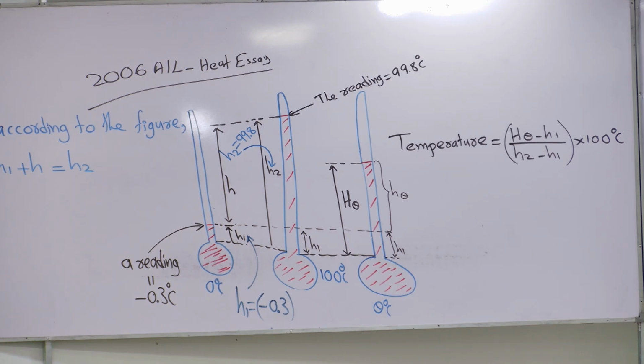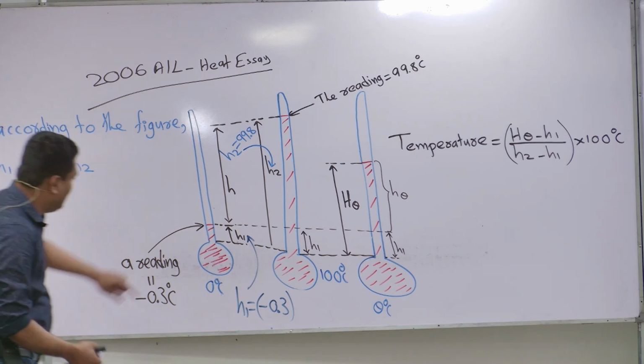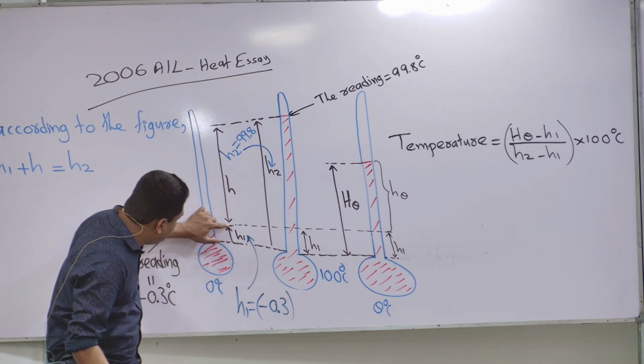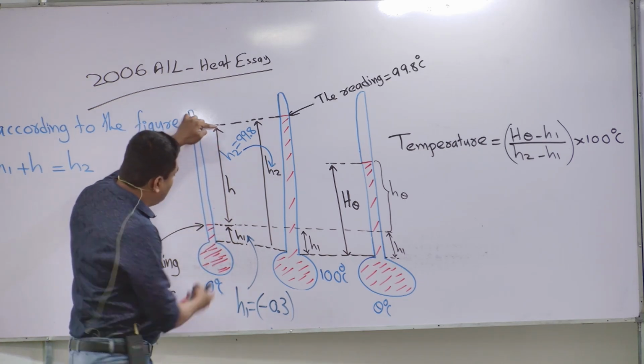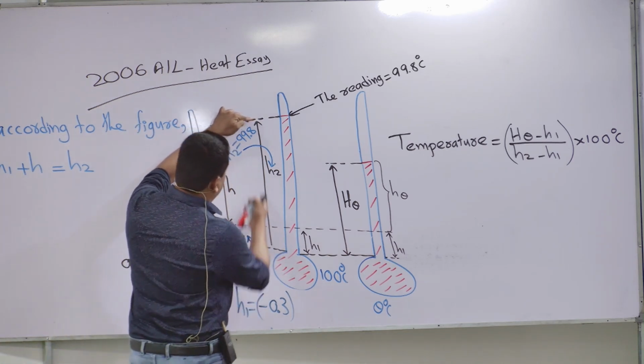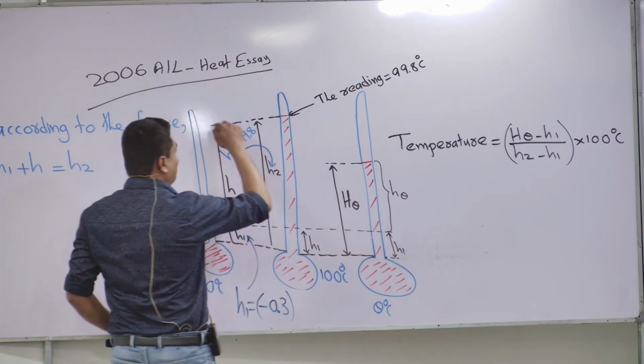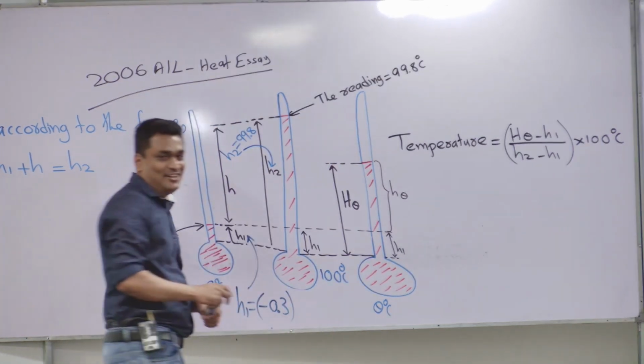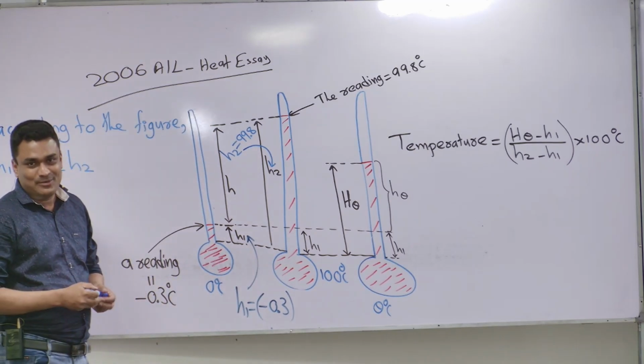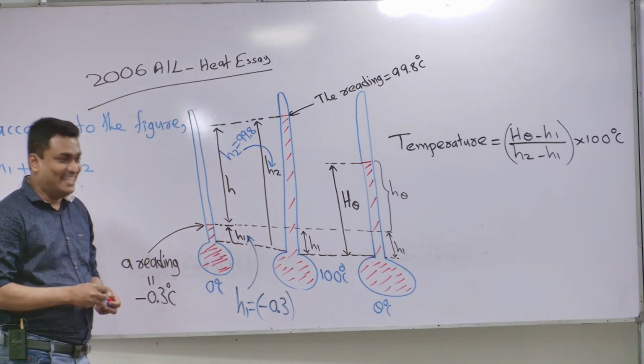Check whether you can see something like this. This is a horizontal dotted line. This is also a horizontal dotted line. I don't know whether they appear to be horizontal or not, but they are horizontal.